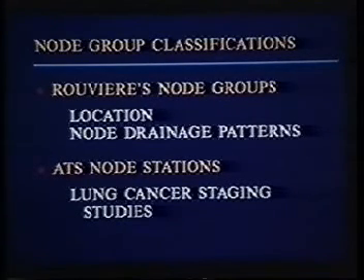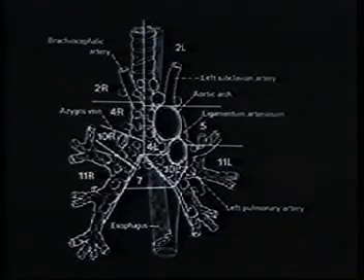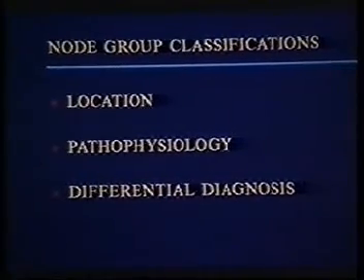Gary Glazer mentioned in the last lecture the ATS node station classification that is used in lung cancer staging studies, and that is its primary use. I think in patients who have lung cancer, using this staging classification of lymph node groups is very helpful. But in general, in diagnosing mediastinal node diseases, it's not all that helpful.